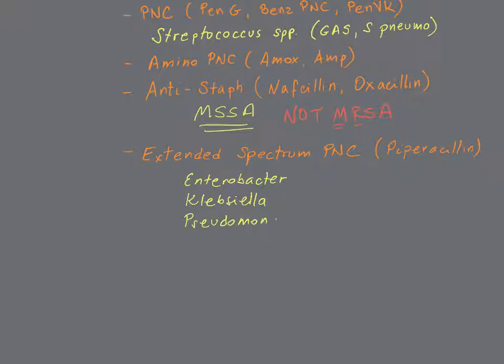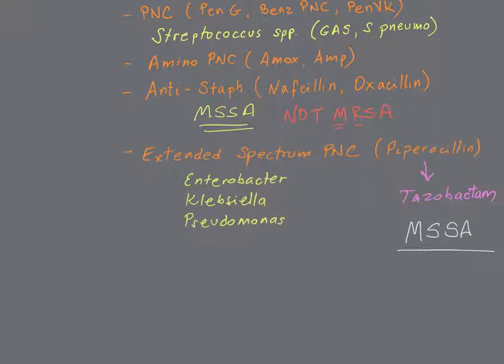Important to point out that piperacillin alone does not have activity against MSSA, and for that reason, it was combined with a beta-lactamase inhibitor called tazobactam. And that combination has activity against MSSA.